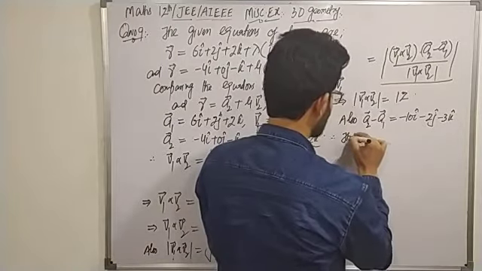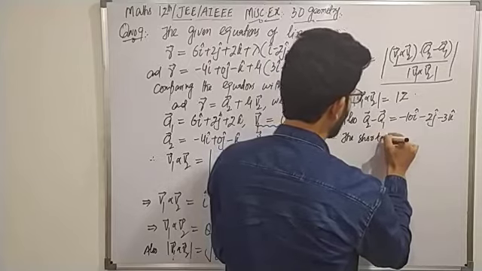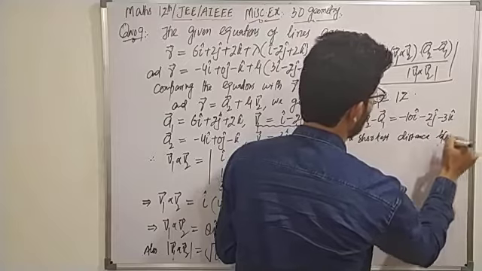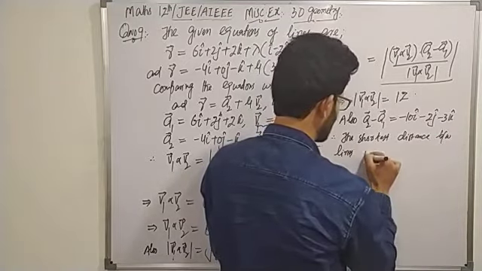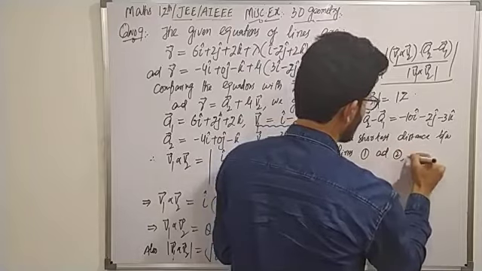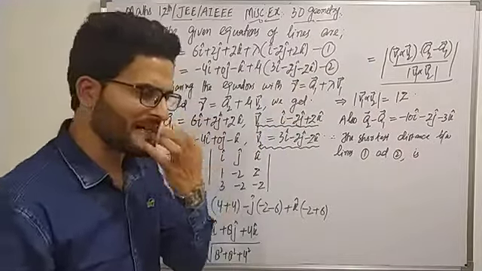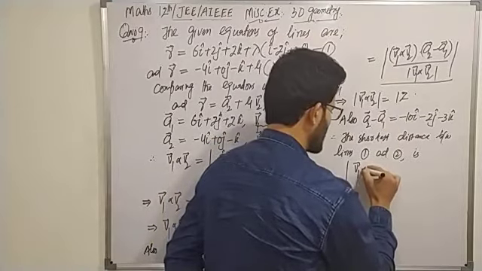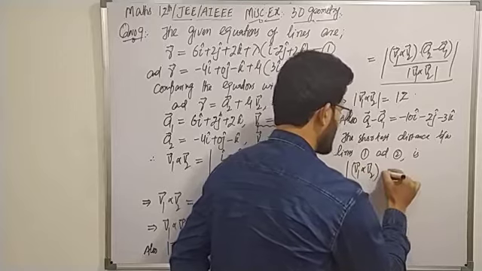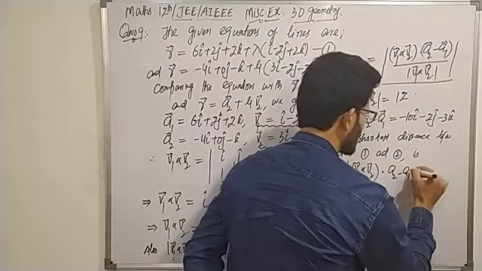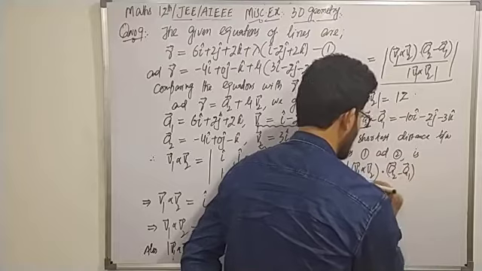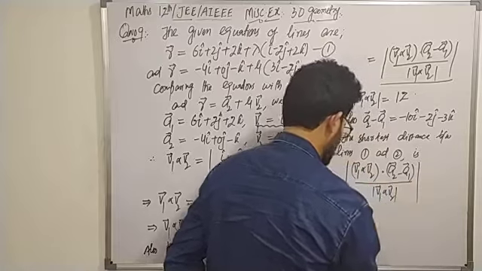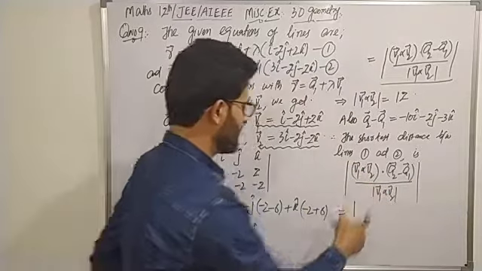Therefore, the shortest distance between lines first and second is mod of V1 cross V2 dot A2 minus A1, divided by magnitude of V1 cross V2. What is V1 cross V2?